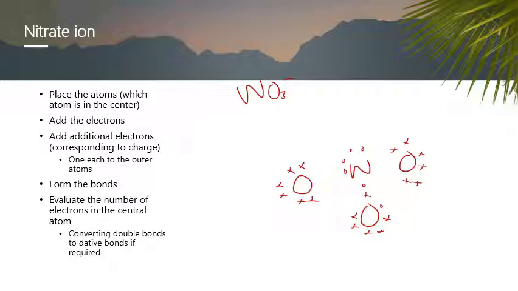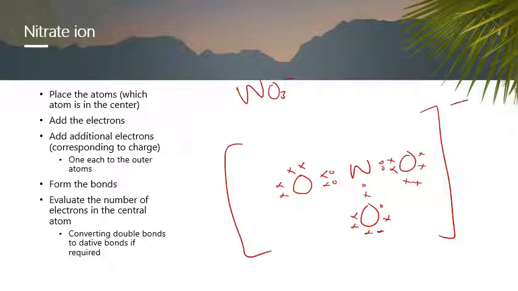Well, so the other side needs to form 2 bonds. And that's nitrate minus. But before we finish, we always need to look at the center atom.